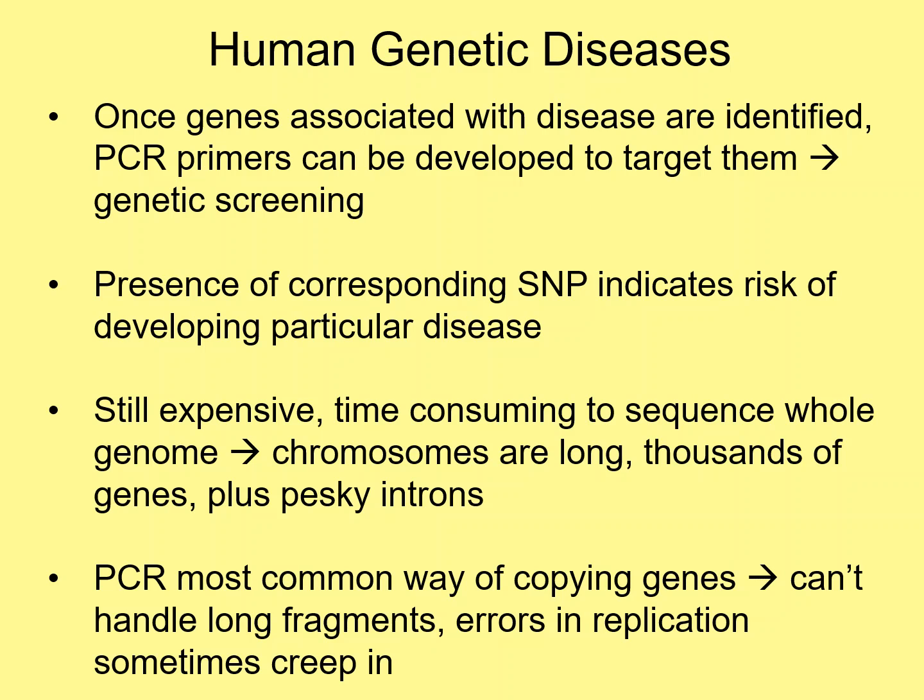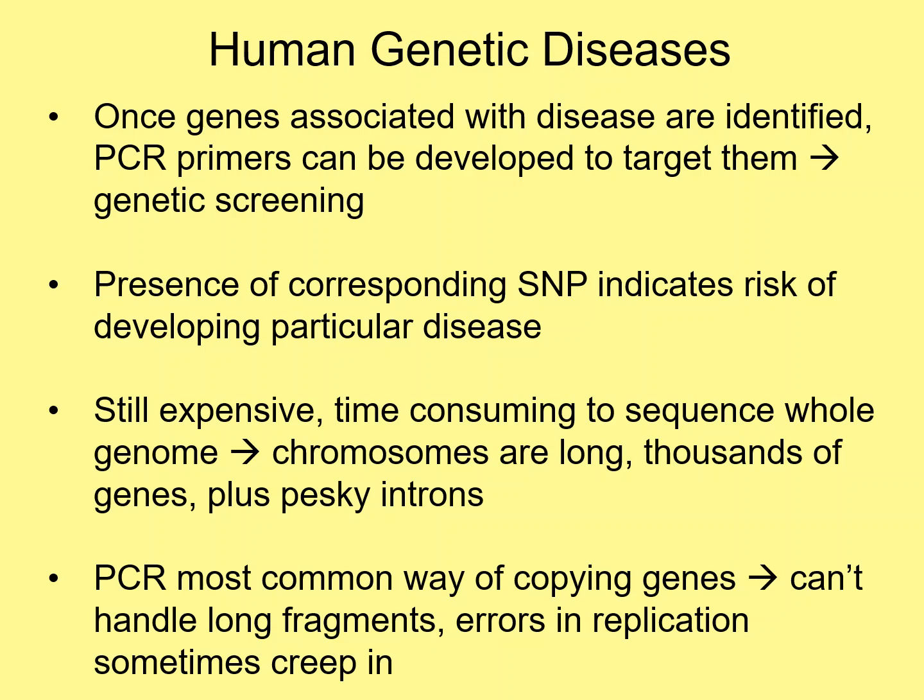You can have a really tiny sample, in some cases the DNA from a single cell, and if you can extract that DNA from the cell, you can use PCR and some general primers to amplify most of that sample, basically make the sample big enough that you can do some rather sophisticated genetic testing. So that's the upside of PCR.